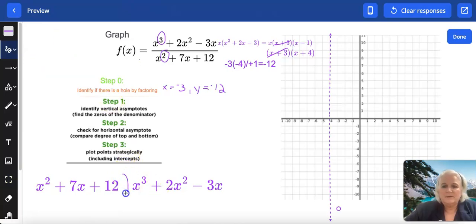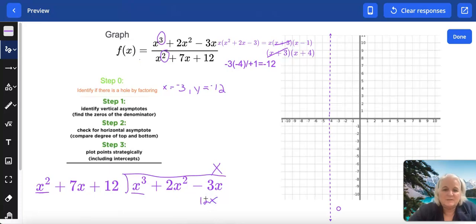So I make my division sign by scribbling. I have my curve and my line, and I start with the first term, and I say, what times x squared gives me an x cubed? And the answer is x. So I put the x up here, and then x times 12 gives me 12x.